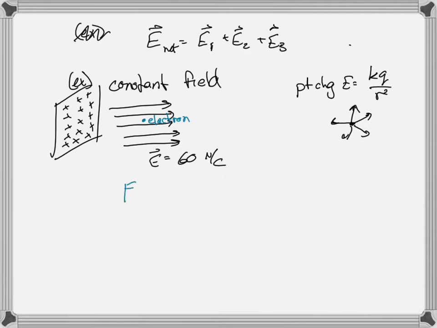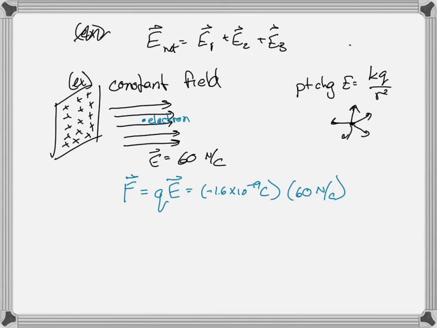The force on the electron is equal to the charge of the electron times the field that it's in. So the electron is going to feel a force which is equal to the charge of the electron, minus 1.6 times 10 to the minus 19 coulombs, look up the charge of an electron, times the electric field, which is a constant 60 newtons per coulomb.